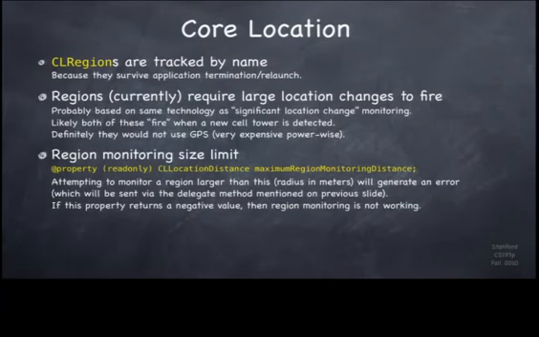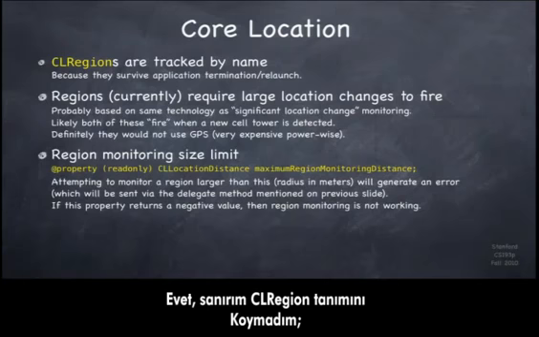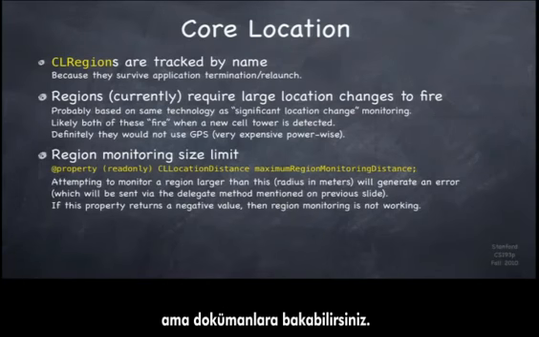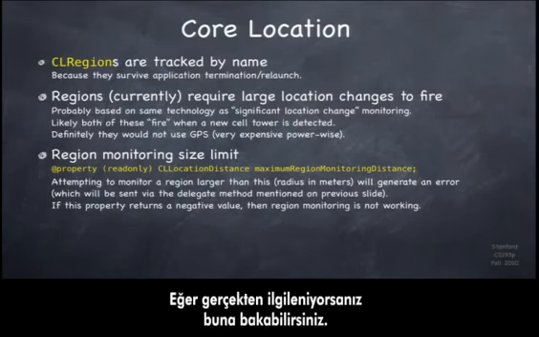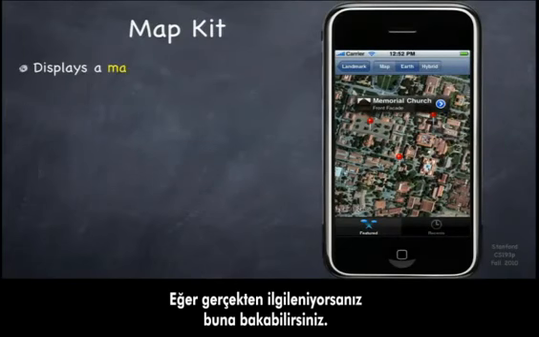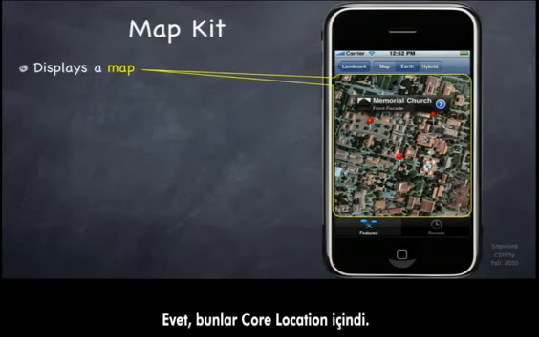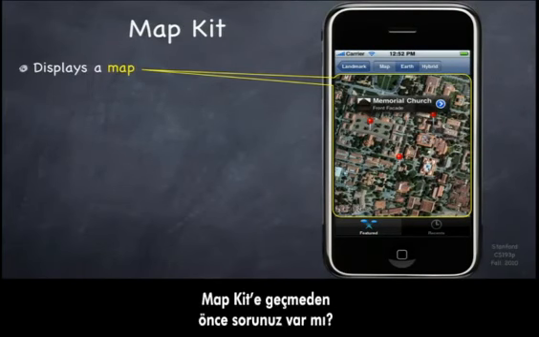I don't put the definition of CLRegion here, but you can look it up in the documentation. The one in there, for example, is a big circular region, but it has hit testing and all that, so you can look at that if you're really interested. Okay, so that's it for Core Location. Any questions about that before I move on to MapKit?